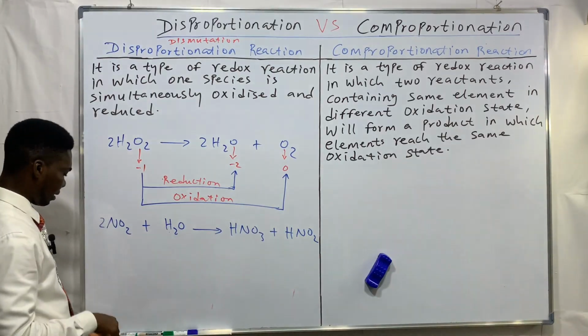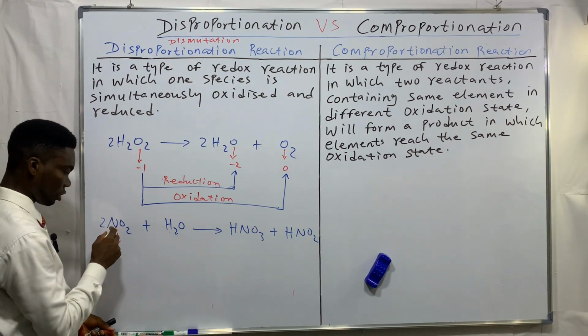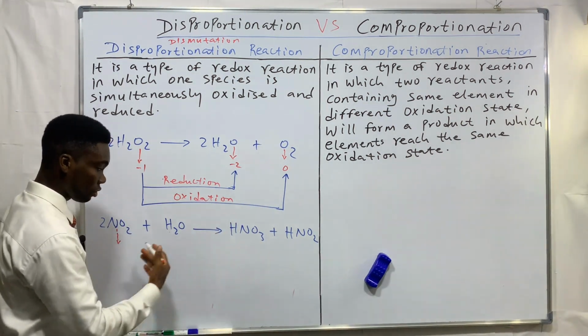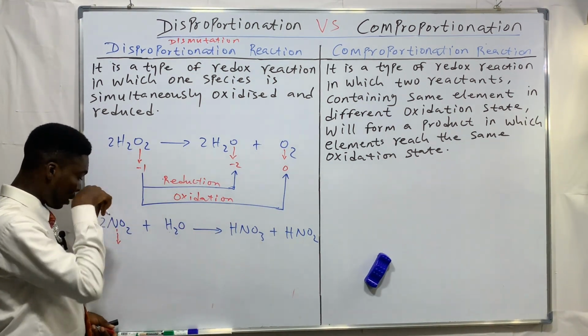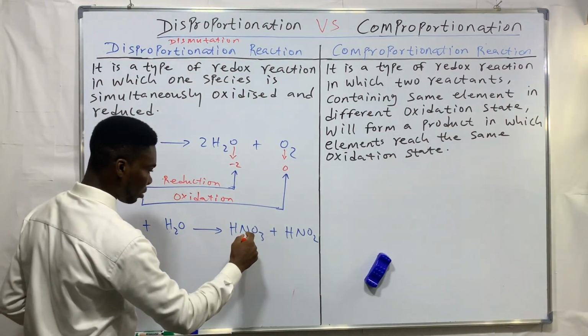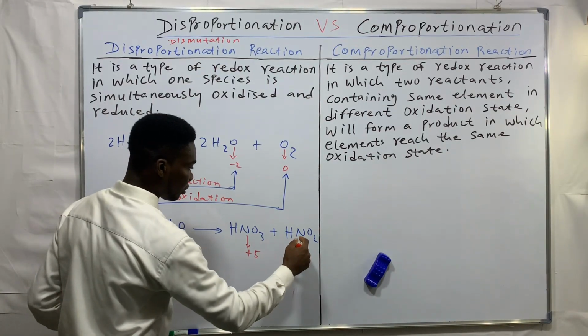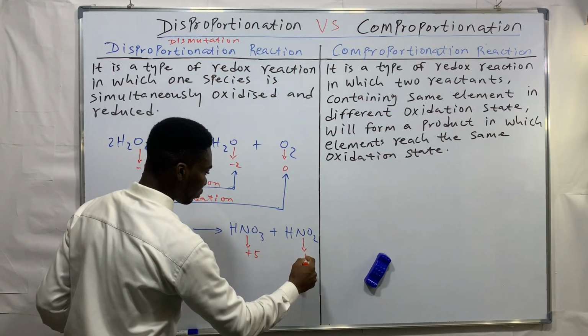Okay, let's get back to business. Let's assign oxidation states to the various components. Nitrogen here is +4. Nitrogen here is +5. Nitrogen here is +3.